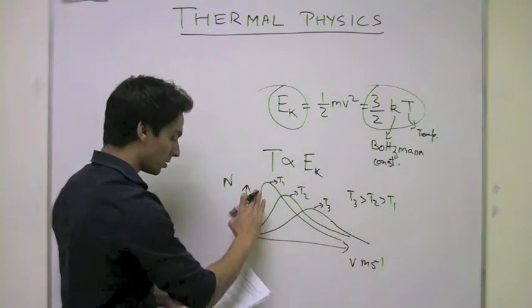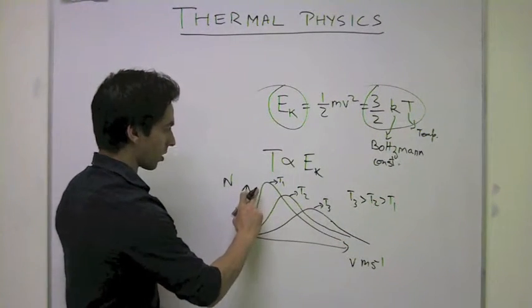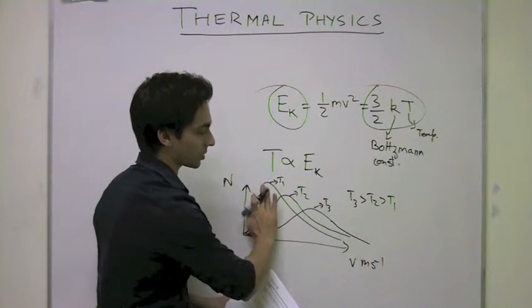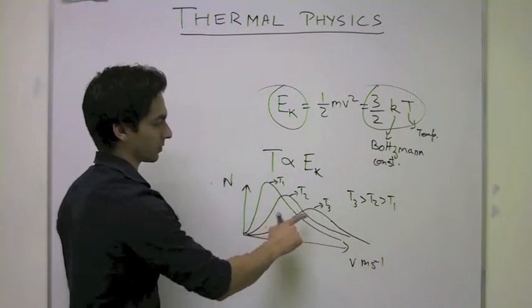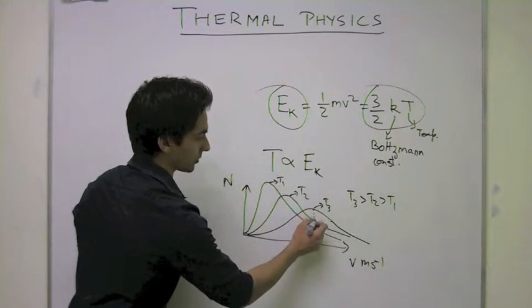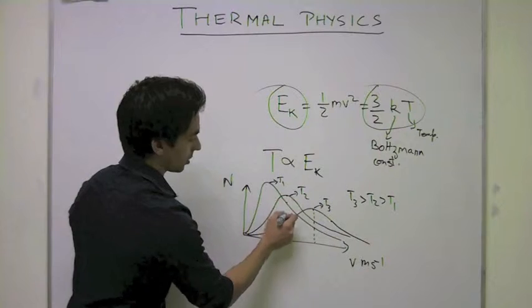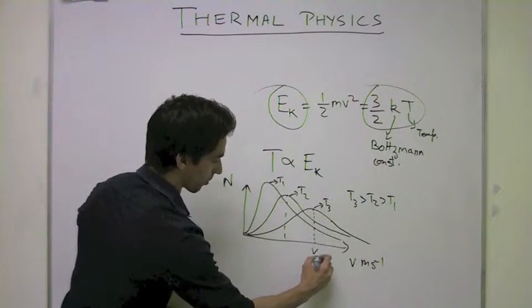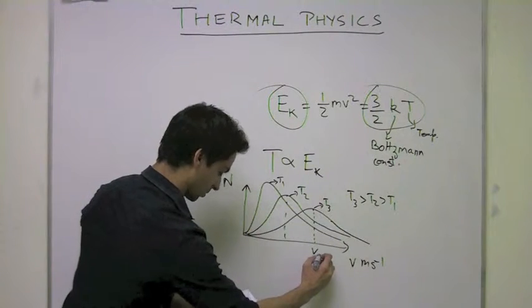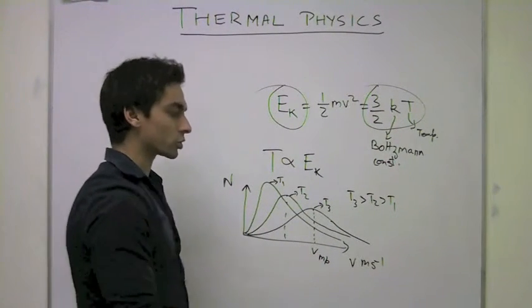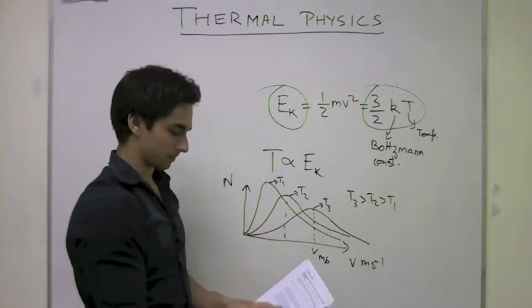Generally the number of particles with higher velocity increases, as you can see, with increasing temperature. Another salient feature is that the peak of the curve at any particular temperature is called the most probable speed, V_MP. This is the velocity at which most of the particles are likely to be.